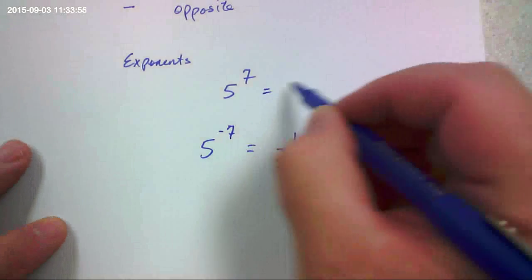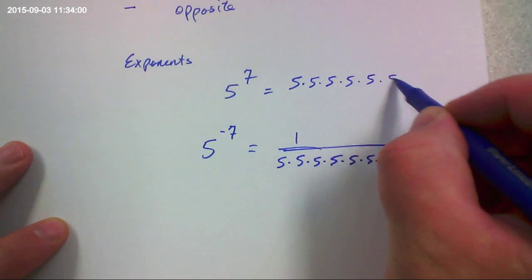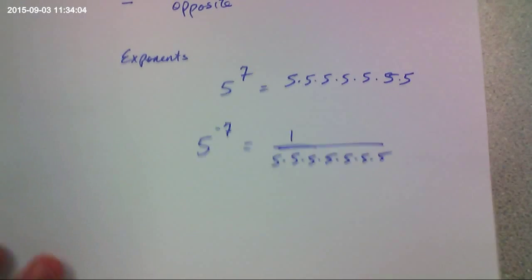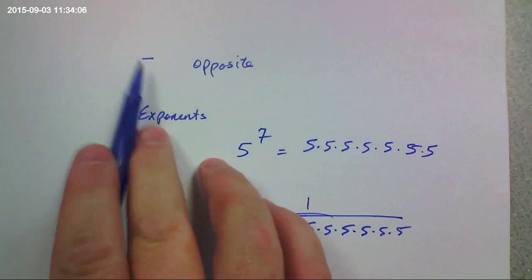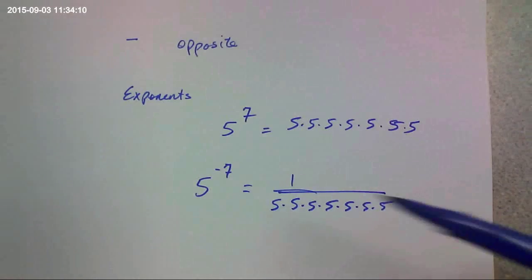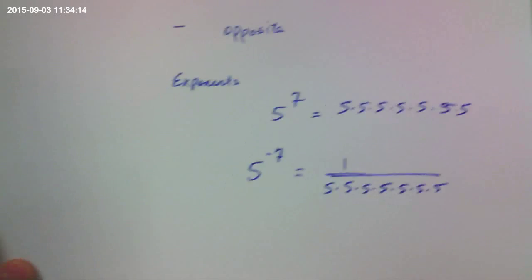That's why it works that way. Anyway, so negative means opposite. Exponents mean repeated multiplication. The opposite of repeated multiplication is repeated division.